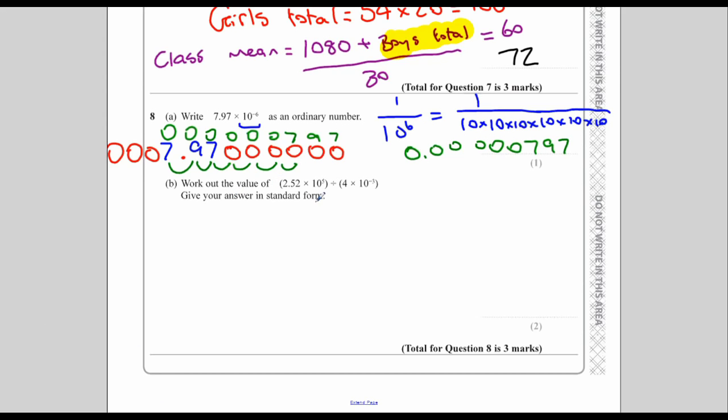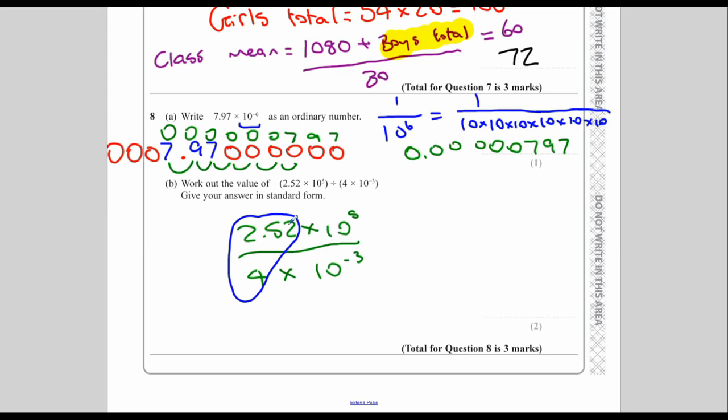Work out the value of 2.52 times 10 to 5 divided by 4 times 10 to minus 3. Okay, quite tricky. Can we figure out the actual numbers without the tens for now? So 2.52 divided by 4.